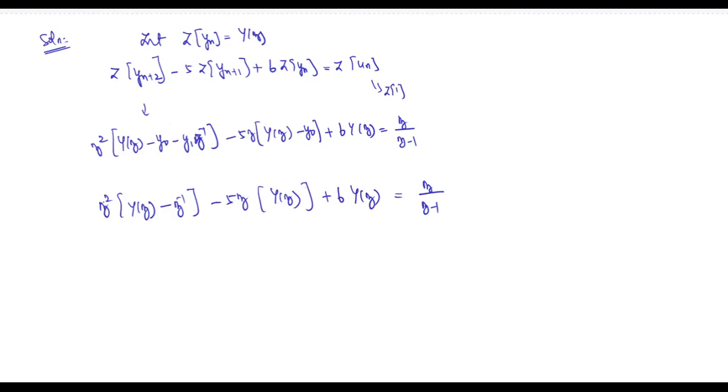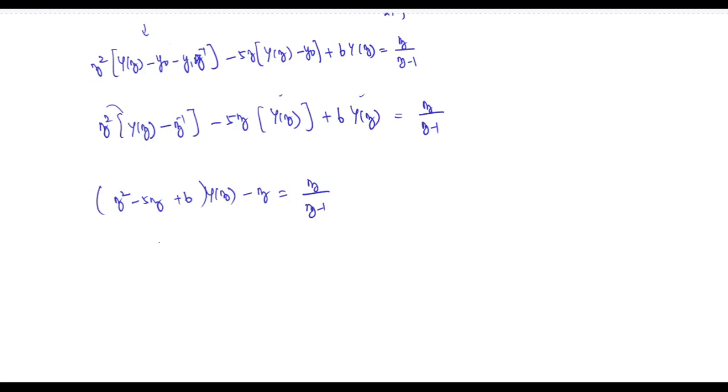Now we can bring the Y(Z) terms together. Collecting all the Y(Z) terms, the first is Z square, the second is minus 5Z, and the third is plus 6. Only one term is left, which is minus Z square times Z to the power minus 1, which is Z, equal to Z divided by Z minus 1.